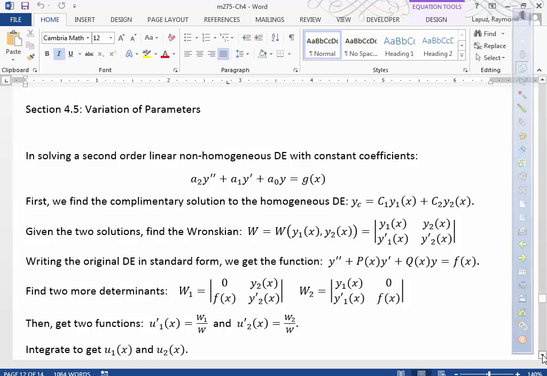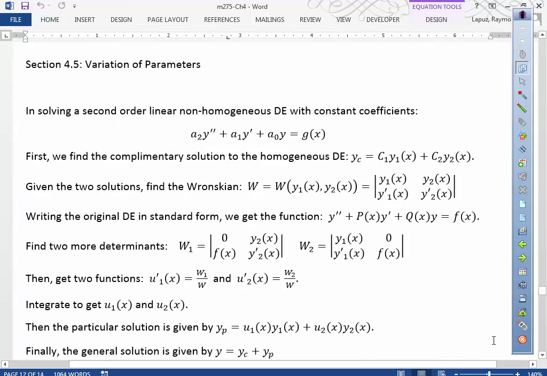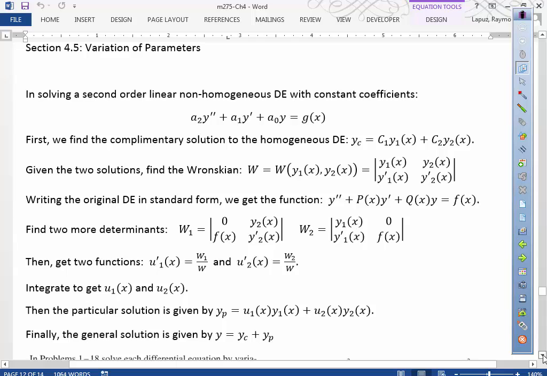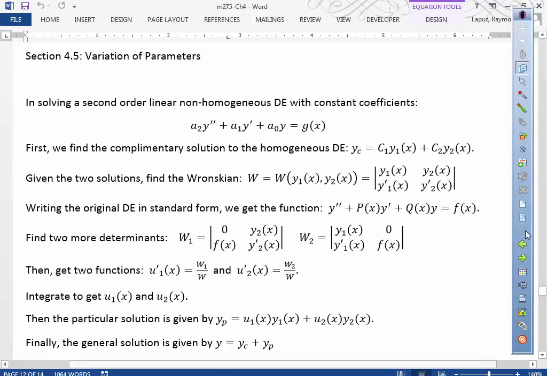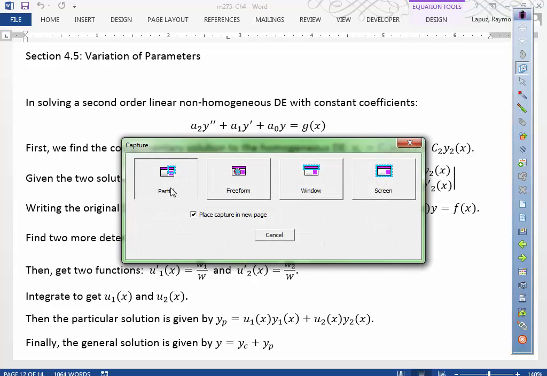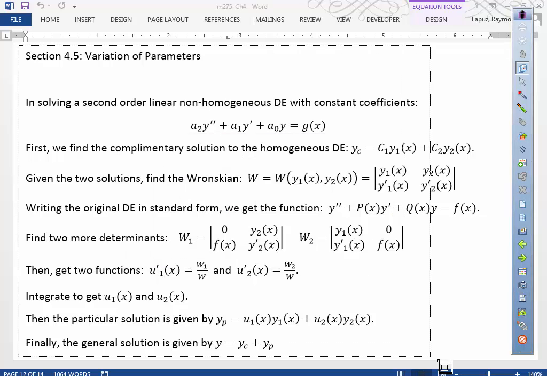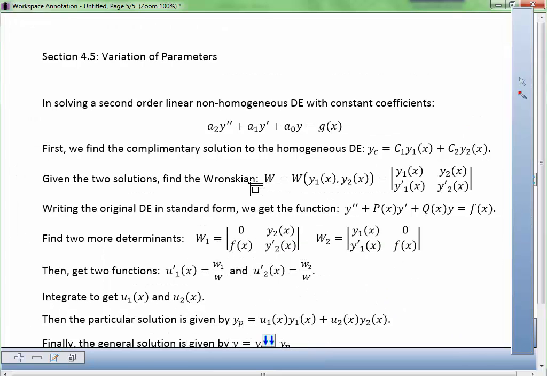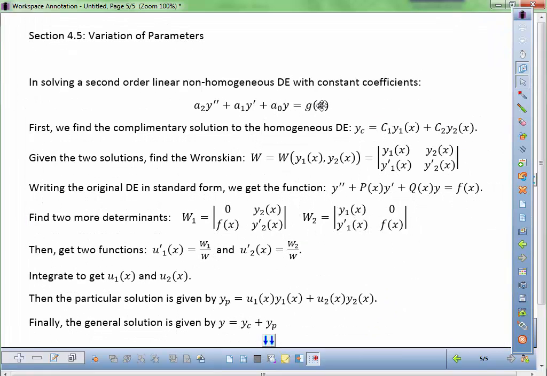And instead of going through that, I think I'm just going to go through the process without the background explanation, and you guys can just read through the book to figure out the background explanation. And what we'll do is we'll do this for a g of x, a right-hand side of the non-homogeneous, with something that we already know, and we'll see if it'll work out nicely for us.